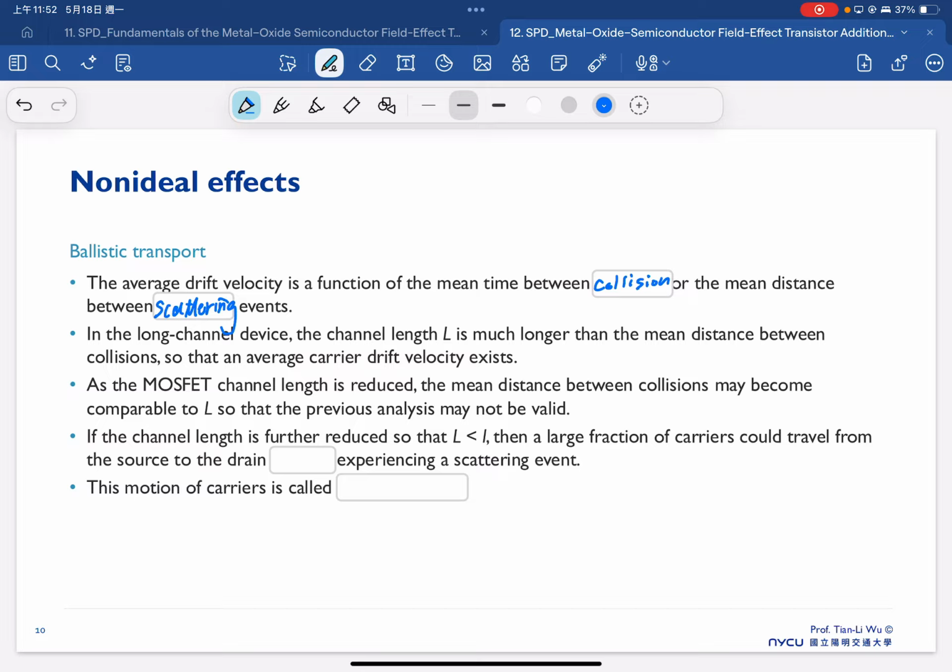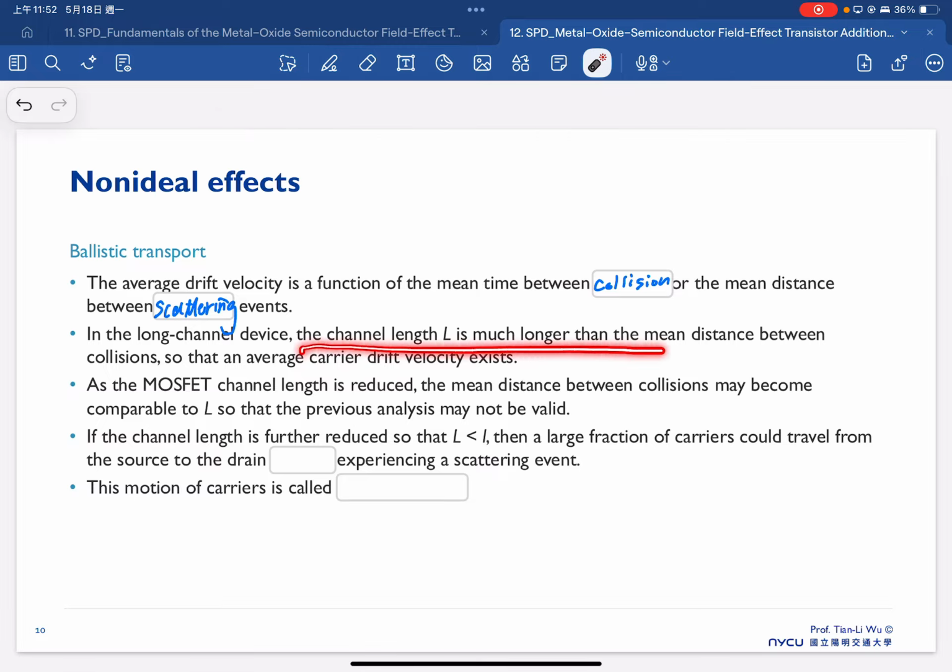So in the long channel device, the channel length is much longer than the mean distance between the collisions, so the average carrier drift velocity exists. As the MOSFET channel length is reduced, the mean distance between collisions might become comparable to L, so the previous analysis might not be valid here.